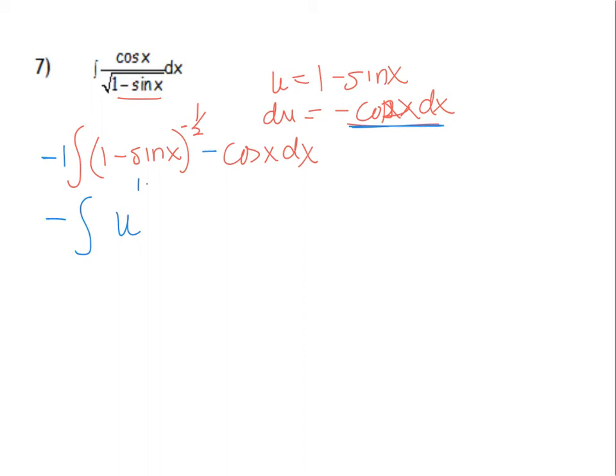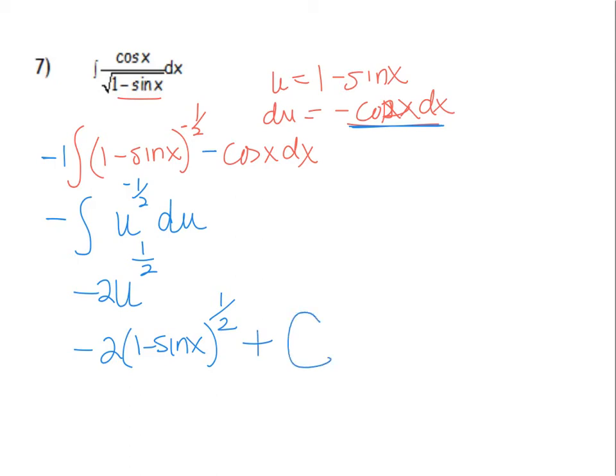So this will be u to the negative 1/2 du, right? And then I'm going to integrate. So I have negative, and then add 1, so this is 1/2, and then 2. So this will be negative 2 u, which is 1 minus sine x, to the 1/2 plus c.